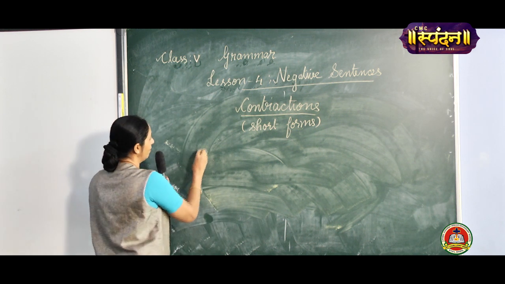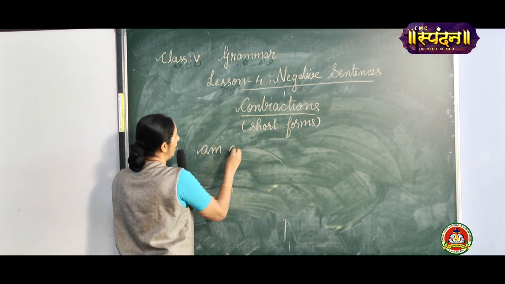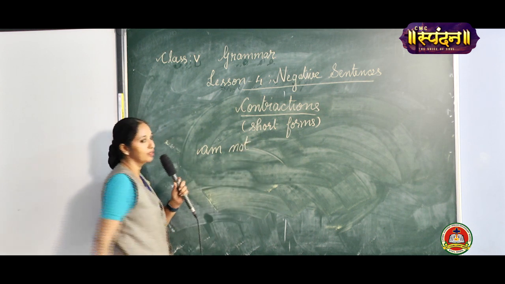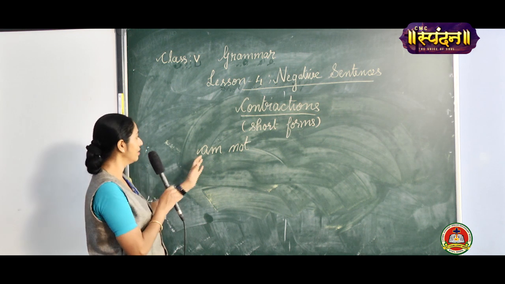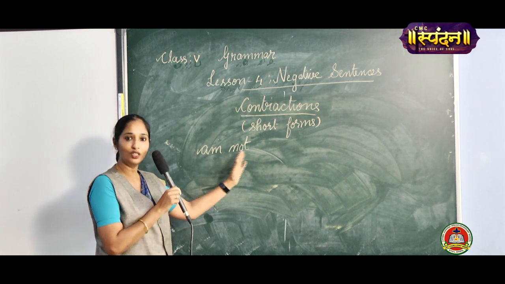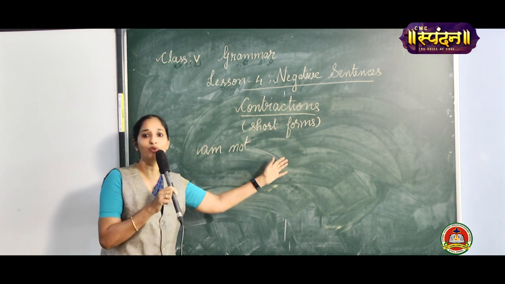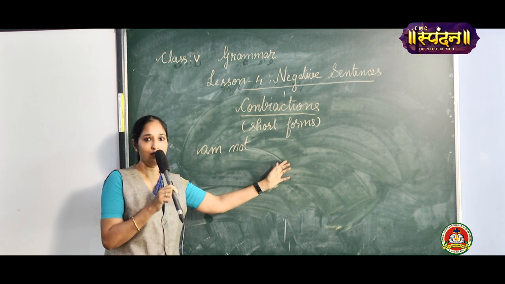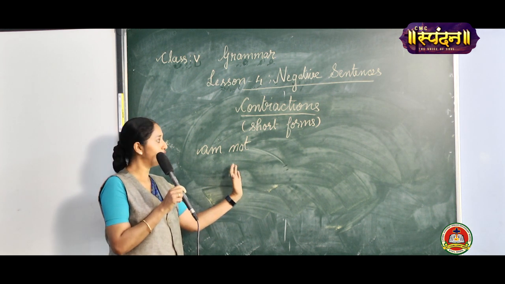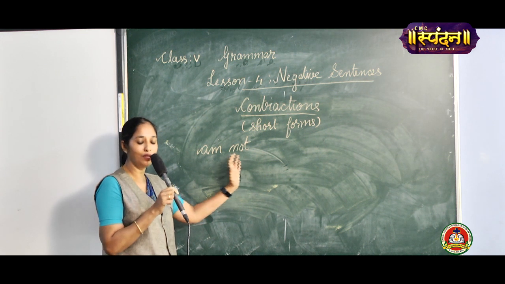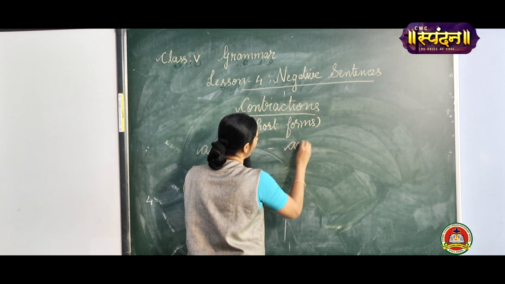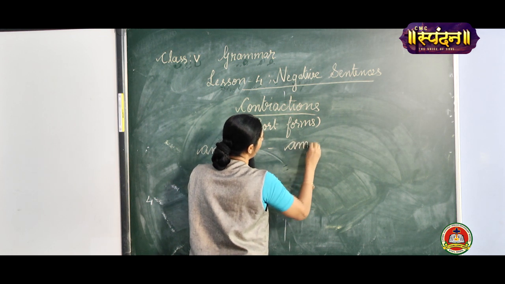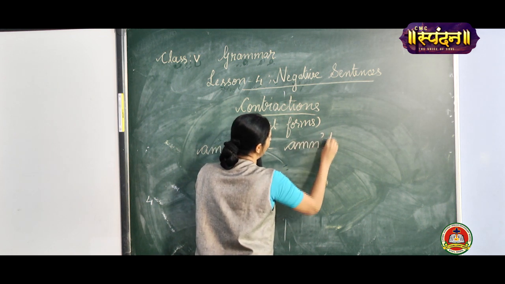So, am not. When we made the sentences, we used the full form am not. I'm not going to the market. So let's try to form the contraction of am not. So the contraction is amn't.